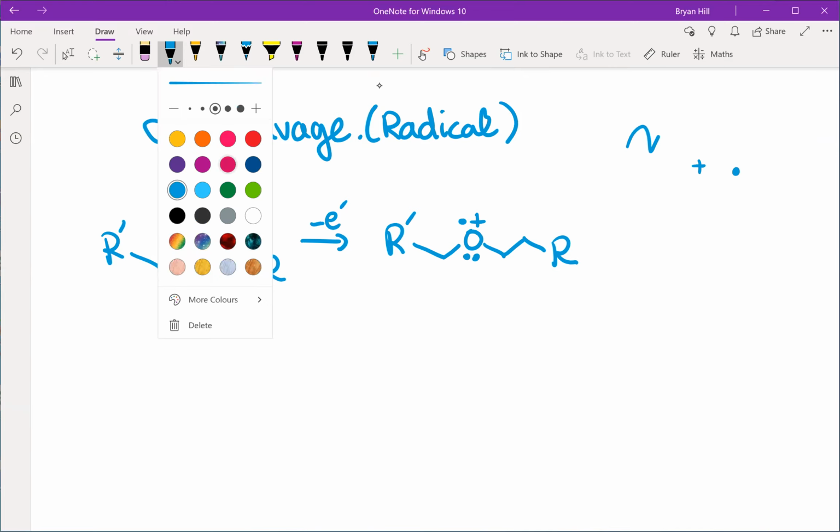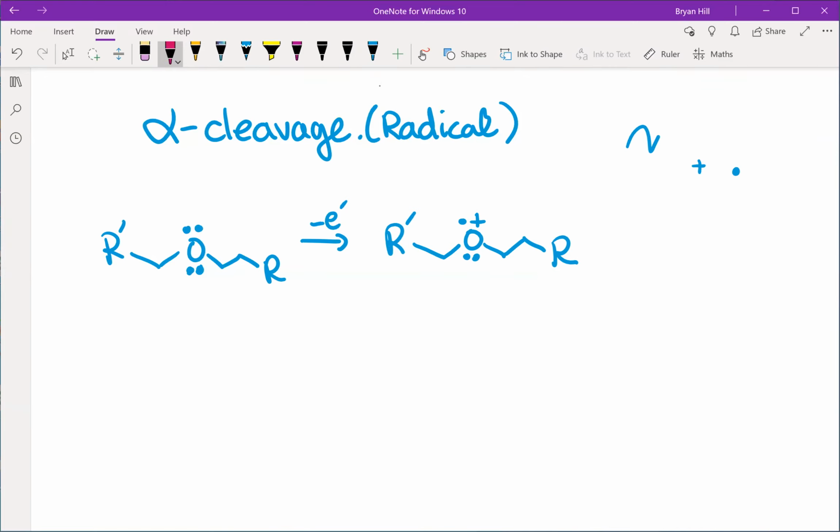So we can move one radical here, and then we're going to break this bond, and then we're going to generate a radical there. I guess I didn't need to actually draw an extra carbon. I was missing something there. Okay, and this would give us this as a fragment.